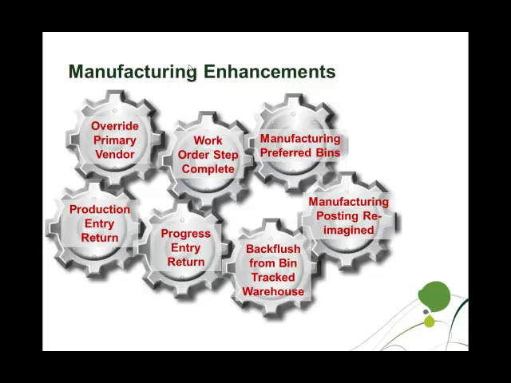And finally, we completely reimagined and redesigned the manufacturing posting process, pulling all of the disparate manufacturing transaction types onto a single screen and thereby allowing for the enforcement of date integrity in the background.